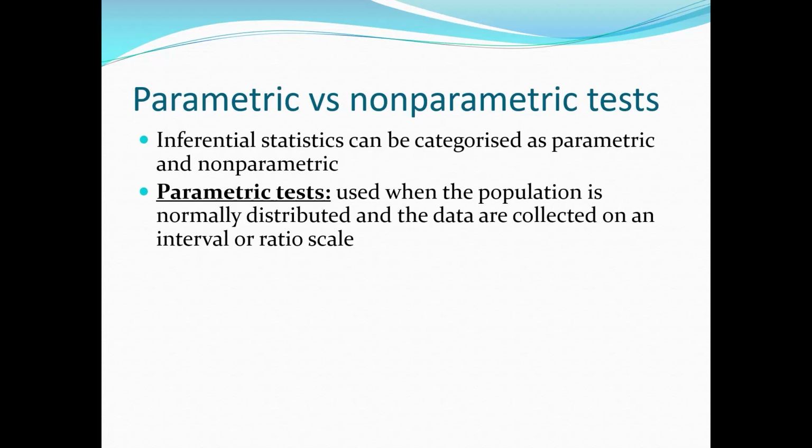So very simple. We collect the data and we find out whether the data is normally distributed. If the population is normally distributed, the data that we collect from the sample will also be normally distributed. Normal distribution, I showed you a diagram, remember, the bell-shaped curve. In the beginning, I showed you a bell-shaped curve. That's the normal distribution.